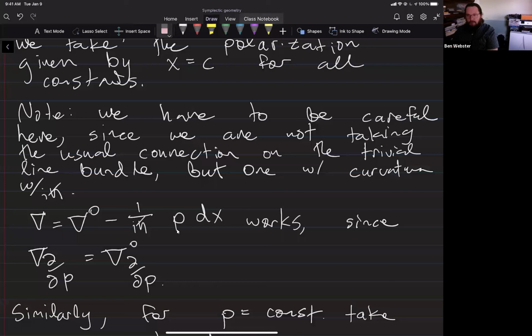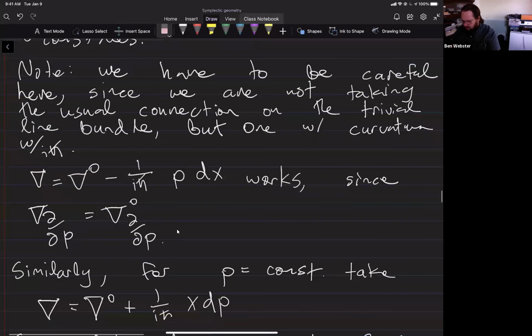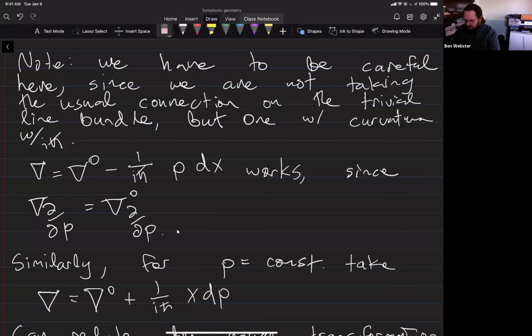And if I take the covariant derivative with respect to p for this connection, I get the same thing as the usual boring covariant derivative. And similarly, if I wanted to swap the roles of x and p and take the foliation given by holding p constant, well, then I would be wanting to look at the covariant derivative for d/dx, and I can choose a different connection.